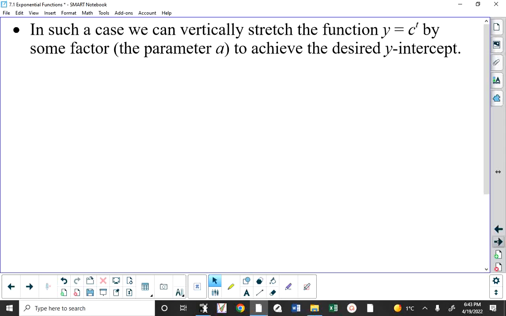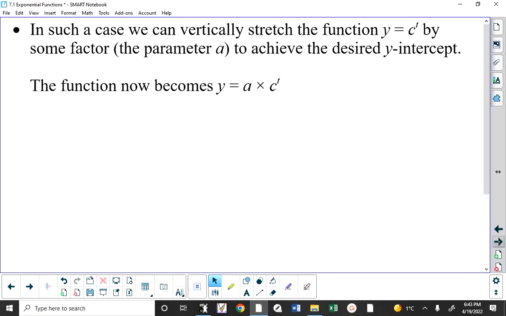But the beautiful thing about this is that vertical stretch factor, A, is going to be the initial population. If I take the y-intercept that's at 1, and I stretch it by a factor of A, the new y-intercept will be A, which means that vertical stretch factor becomes the initial population.